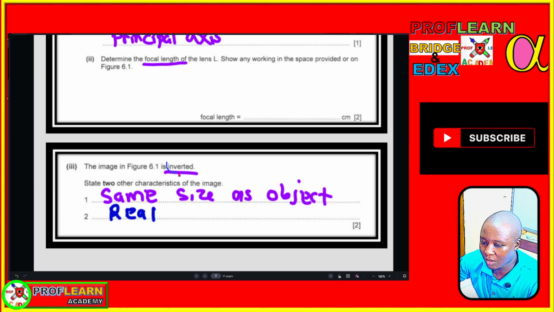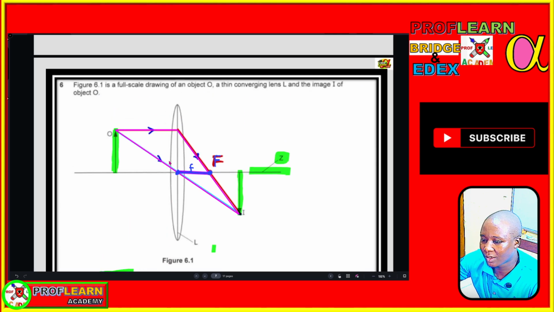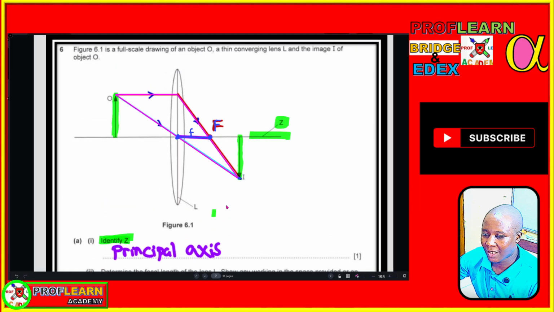State two characteristics of the image. We're told the image is inverted. So what are other characteristics? You can see the image is inverted, but the image is also real because it is formed by real rays. We have not imagined rays here, we have just drawn real rays, and this gives us a real image. Also, if you measure, or even by visualization, you realize that the object size and the image size are the same.